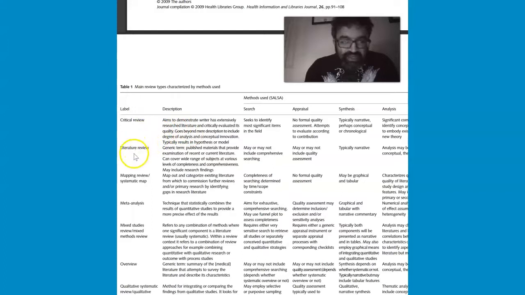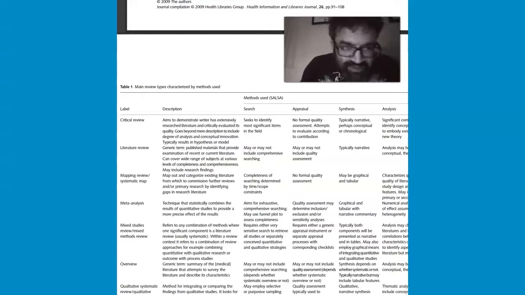And these are all methods, Salsa methods used. So basically Salsa is, and I'm going to tell you right now, it's search, appraisal, synthesis, and analysis. And a part of this might not be visible, but you can take a look at the article.